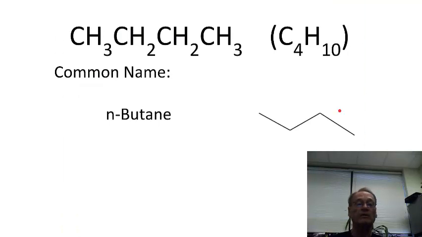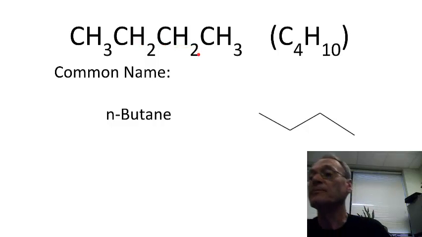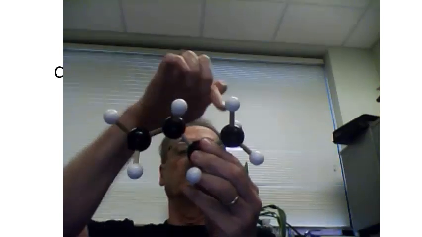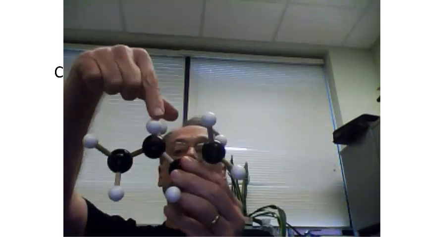Now, when we get to butane, which is 4 carbons, we put this little n in front, and we'll talk about why that's there in a couple minutes. But notice that this is CH3, CH2, CH2, CH3. I happen to have a model of that. Notice 4 carbons in a row, CH3, CH2, CH2, CH3. Notice you can rotate around all of these carbon-carbon bonds, so there's a number of possible conformations there.